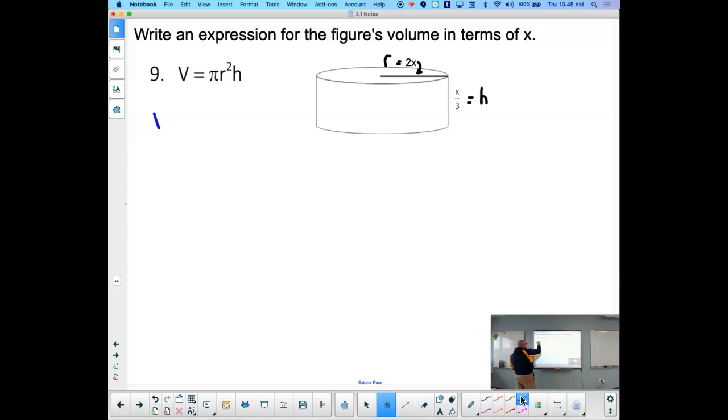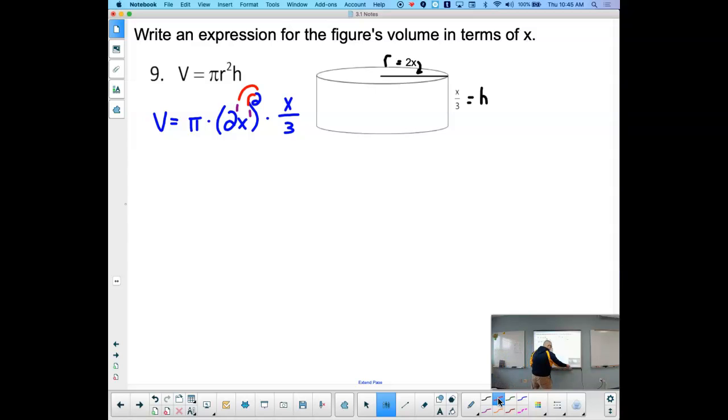So the volume is going to equal pi times my radius. My radius was 2x. That's going to be squared, times my height, which is x over 3. I got two 2's here. The exponent of 2 is only controlling what's directly in front of it, which means that it is only controlling those 2 terms right there.